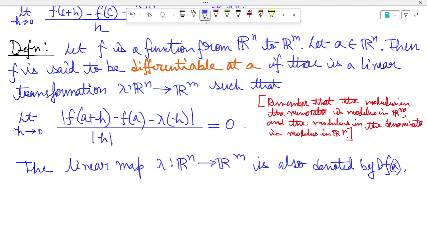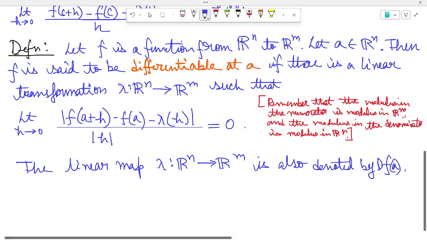Okay. So it is differentiable at a point. This is the definition of differentiability at a.